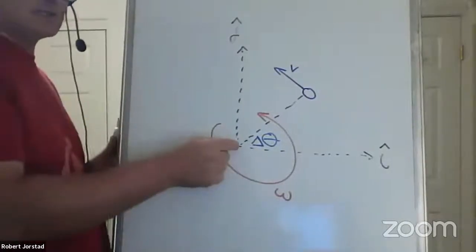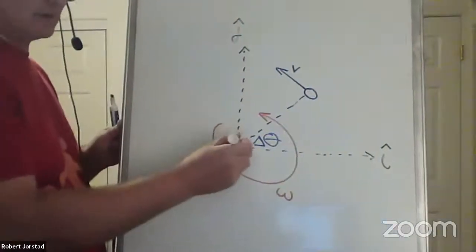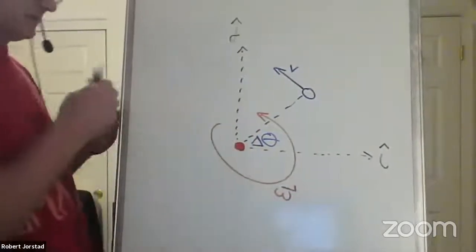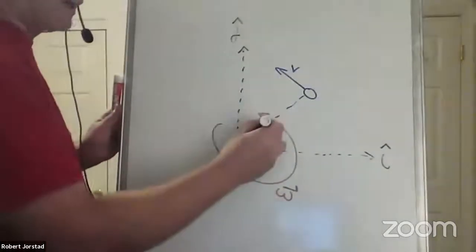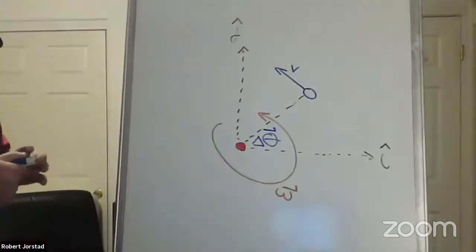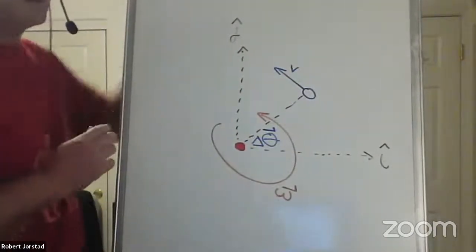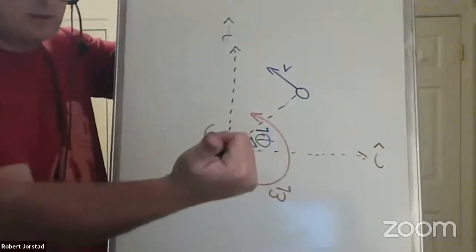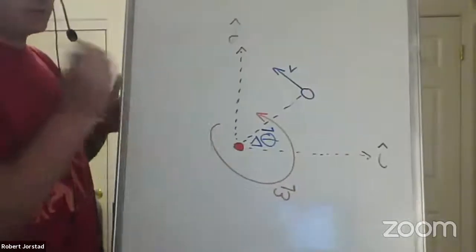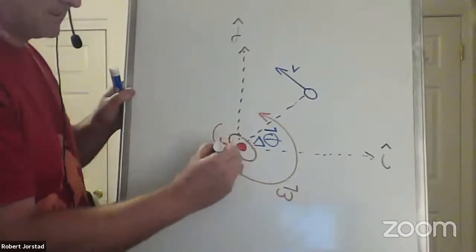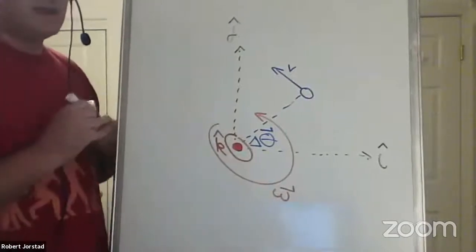Again, as long as this axis, this would be the axis of rotation, as long as that is fixed, I could treat these as vectors. So now I have angular displacement, angular velocity. Now in this case, I goes to J, goes to K. This direction of rotation is in the K hat, out of the page.